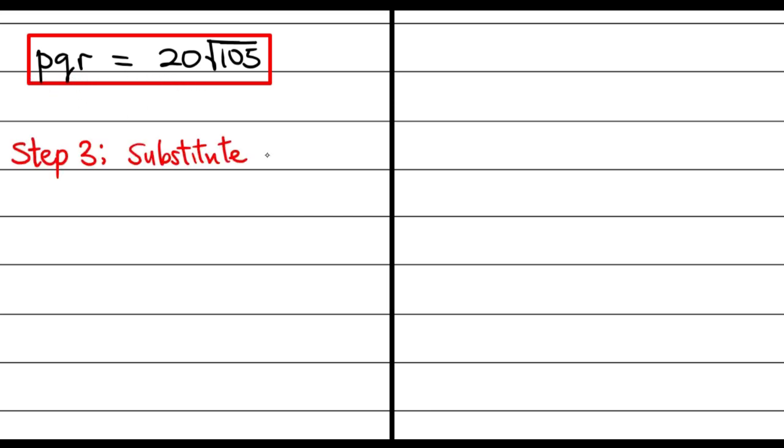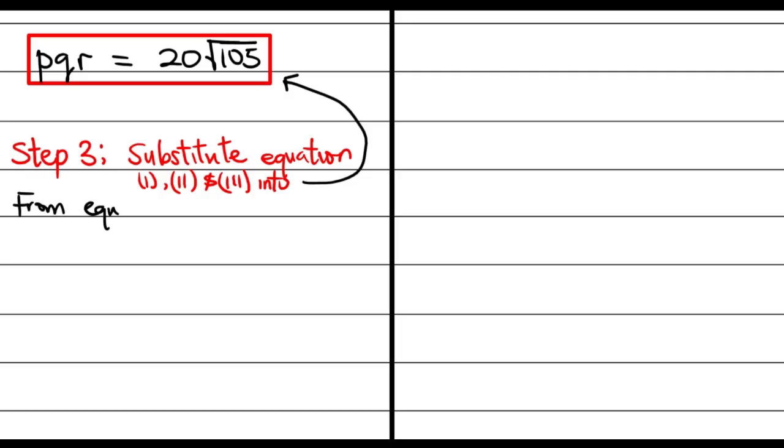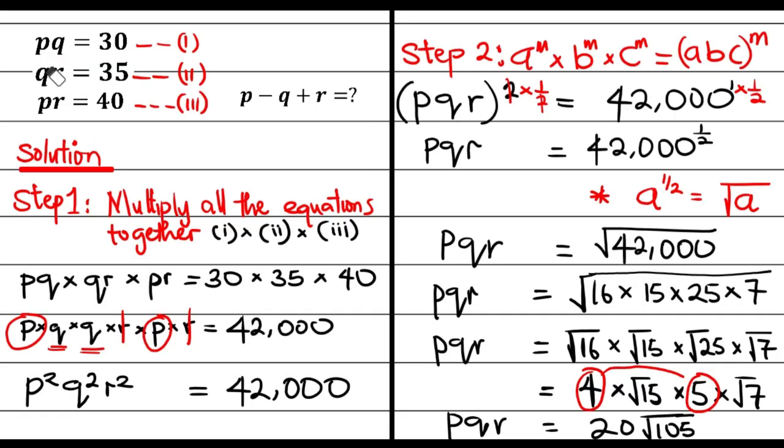From this point onward, I'm going to need to equate equations 1 to 3 to this value of PQR we've just gotten. Substitute equations 1 to 3 into this. From equation 1, PQ is equal to 30. We have this from the question, that is PQ is equal to 30. That is equation 1.